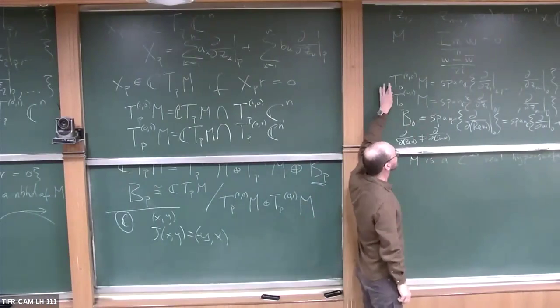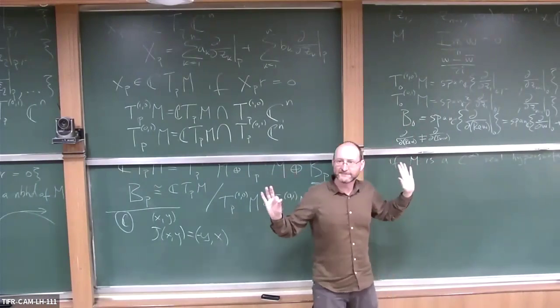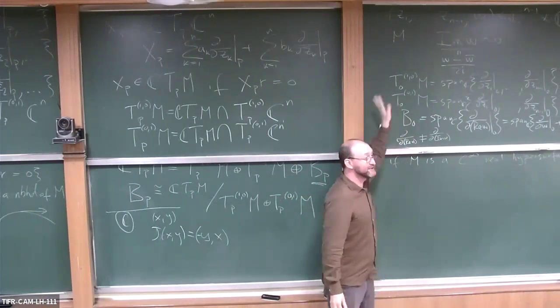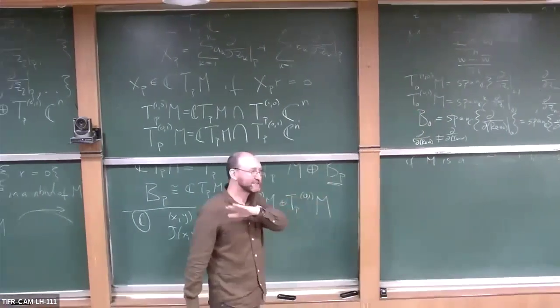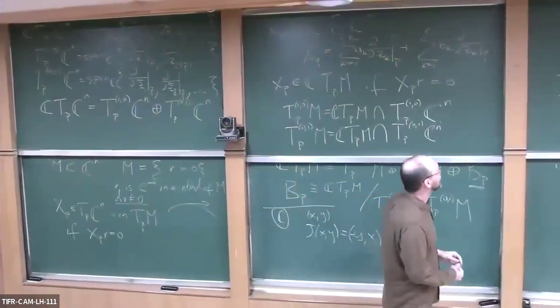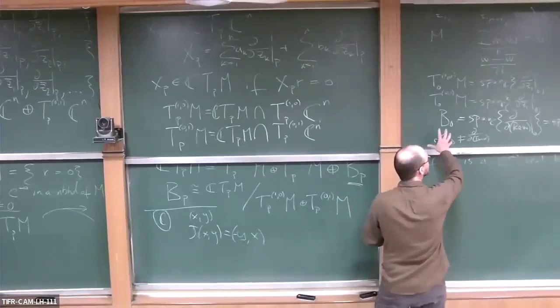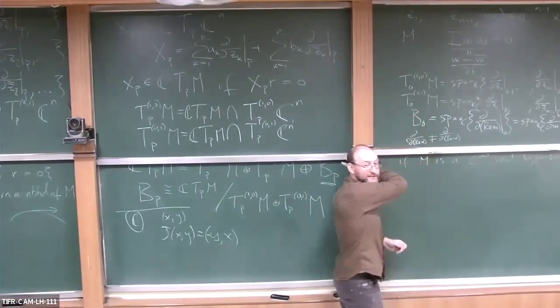But if you take a vector field in here and a commutator with a vector field in here, suddenly it might not be in any of these spaces. That's basically the thing that makes something Levi-flat: it's not going to have any component in here.